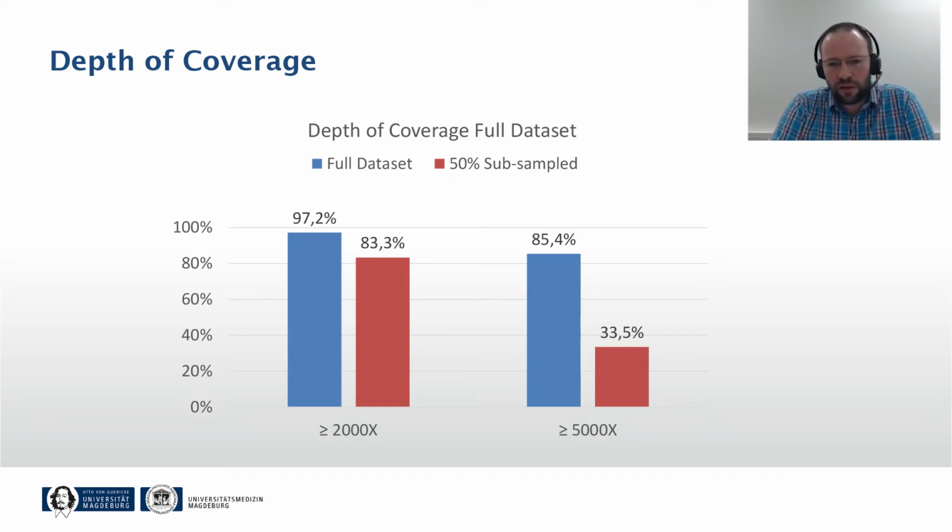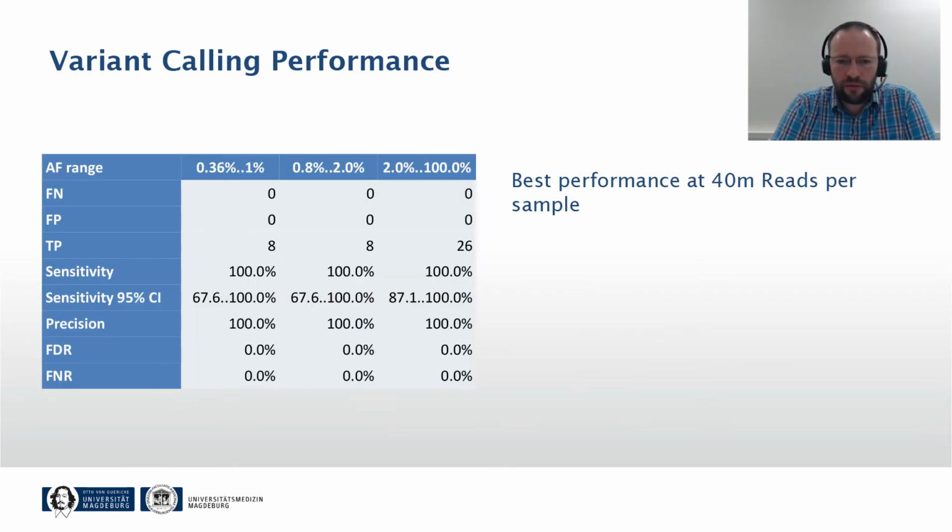But if you have a look at the subsampling, the results really drop dramatically. So here at the 5000x level, we only have 33%, so 1/3 of the sequences, compared to 60% in approach A.